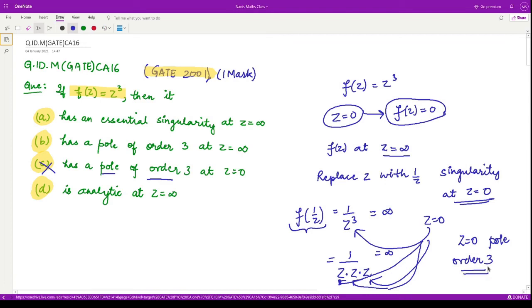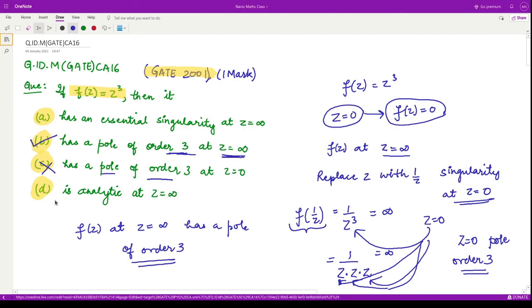Ultimately, what we are saying is that if f of 1 by z has a pole at z equal to 0 of order 3, then f of z at the point z equal to infinity has a pole of order 3. So from here this option is correct.